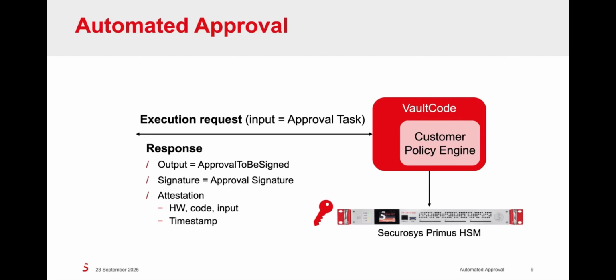Everyone who was in the room, thanks to Mark, you know again what the SCAR policy is. That's the access policy for when the key can be used. So if you combine that, then you can only use the key in the HSM if your customer policy engine said yes.